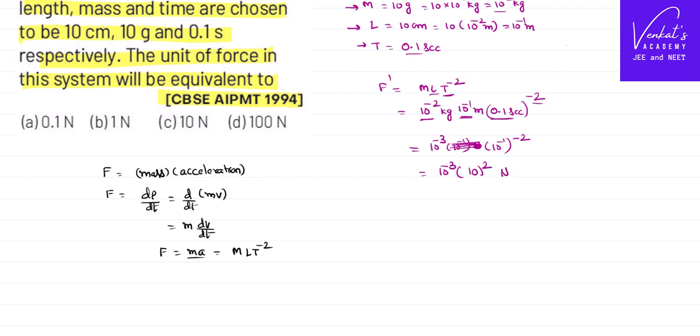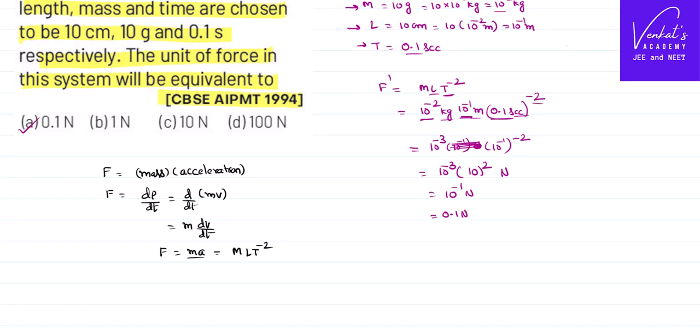Everything else, kilogram, meter and second power minus 2, is called Newton in the SI system. So 10 power minus 3 and 10 power plus 2 is 10 power minus 1 Newton. That is 0.1 Newton. So the answer is A, 0.1 Newton.